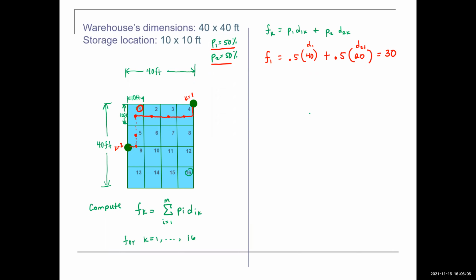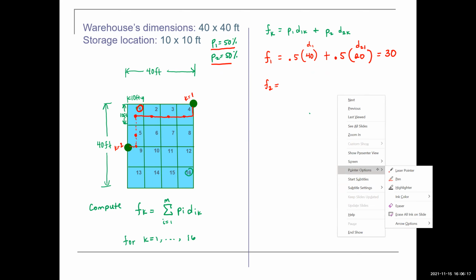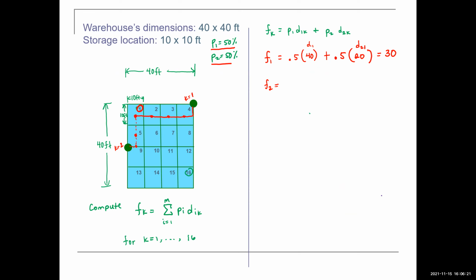So if I do, say, F2, use a different color. So this is 2. It'll be 0.5 times the distance from 2 to 1, right?